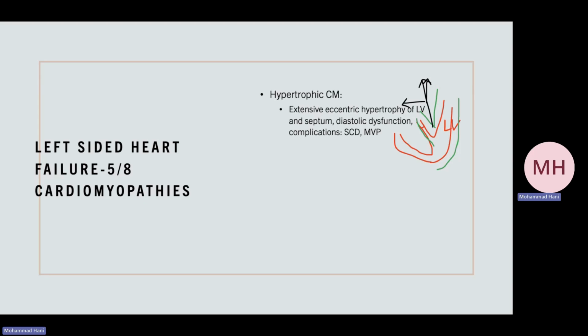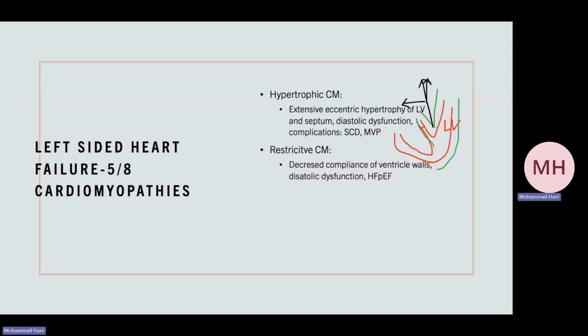This is one of the most common ways you can see sudden cardiac death in young athletes who are just working out or playing in a match, where they suddenly collapse and die because of this severe regurgitation and lack of adequate cardiac output as their heart rate is increased.